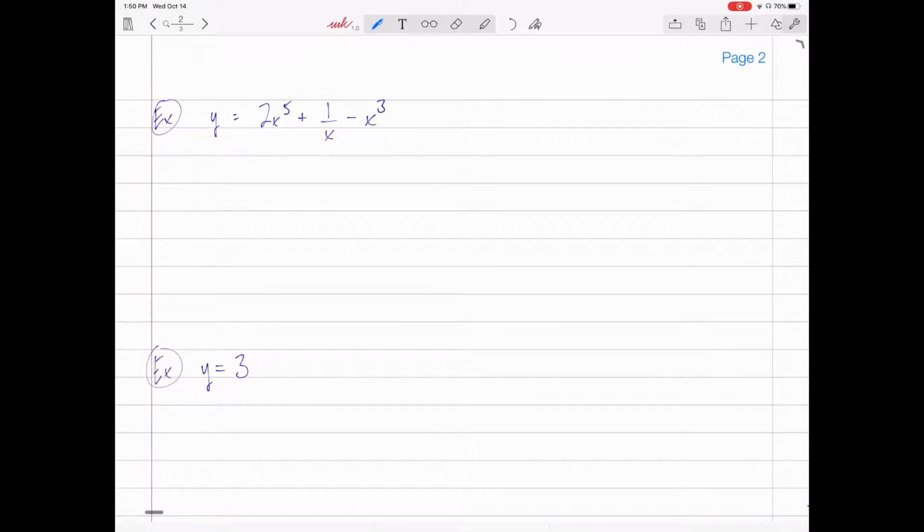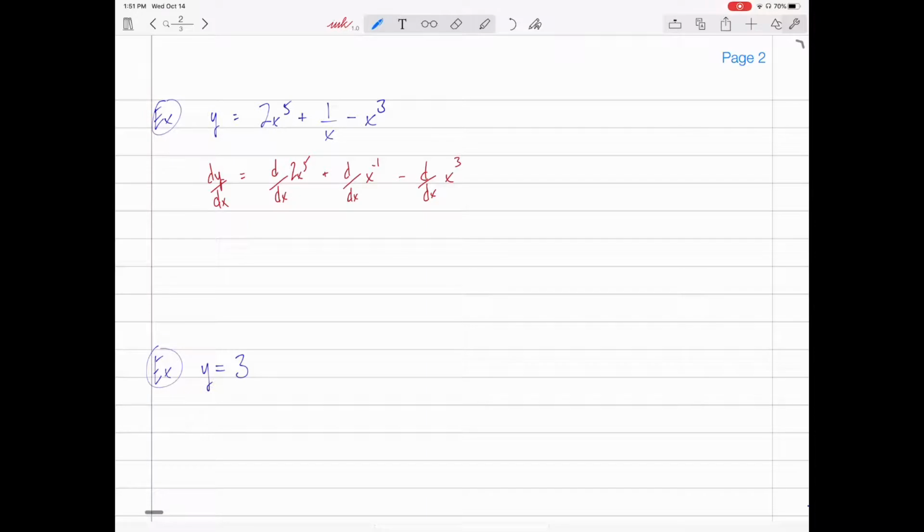Okay, in this example, I'm going to write this out a little differently, but you don't have to do this. Normally, I would just take the derivative like I did in the last couple of problems. But if you're given something like this, where you have a polynomial, multiple terms, what you're doing is taking the derivative of every piece of it. So I'm going to use this Leibniz notation. So you're going d dx of 2x to the fifth plus d dx of x to the negative 1 minus d dx of x cubed.